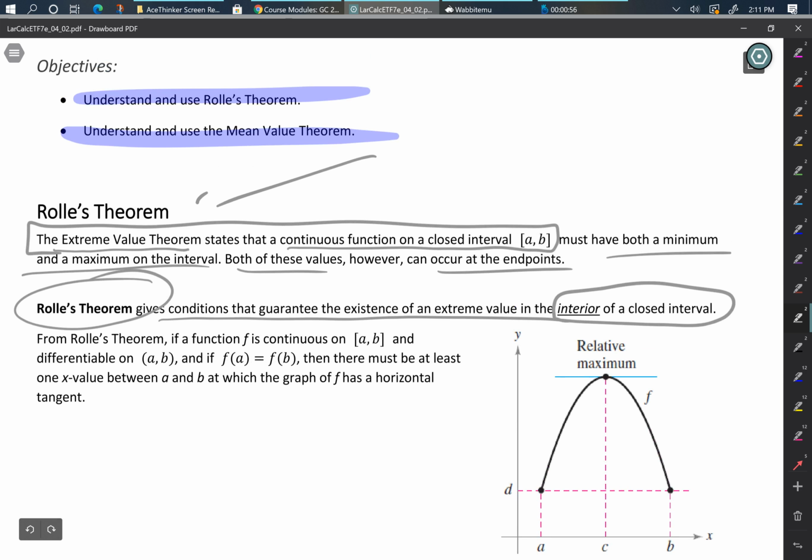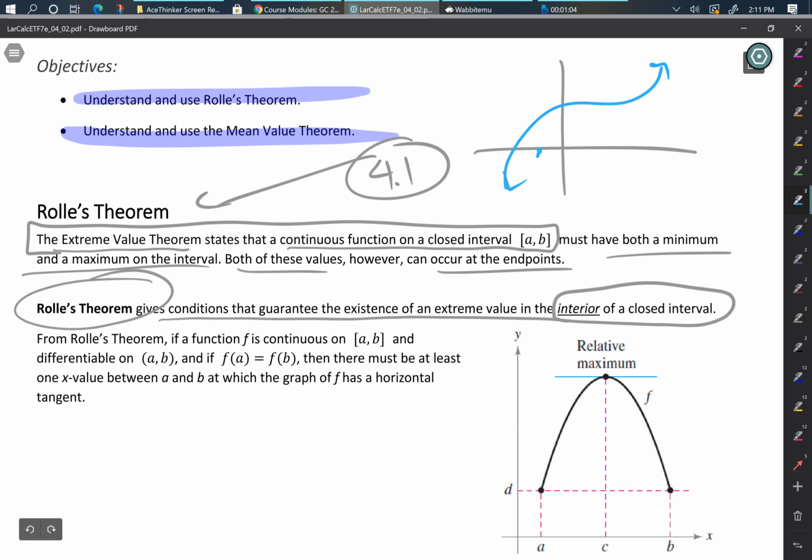So the extreme value theorem, which is essentially section 4.1, said this. If you've got a continuous function and you put it on a closed interval, then somewhere on that closed interval is going to be a highest point and a lowest point, an extreme value. But the extreme value theorem allowed for the extreme values to occur at one or both of the endpoints, for a max and/or a min.